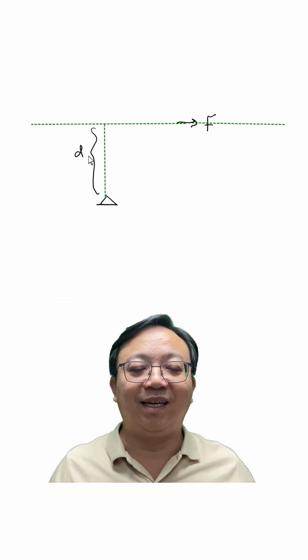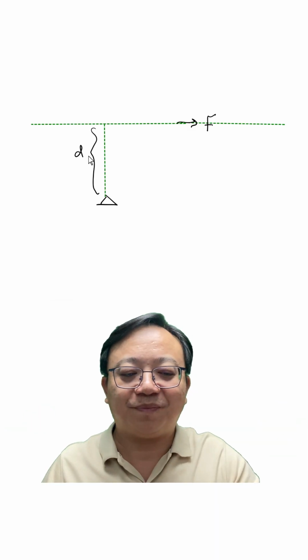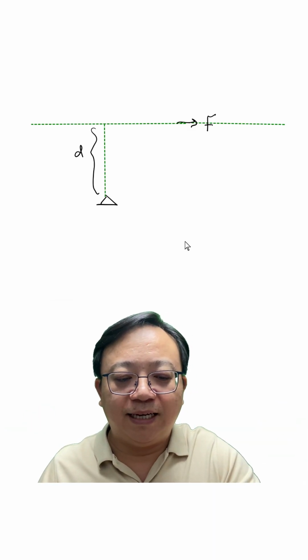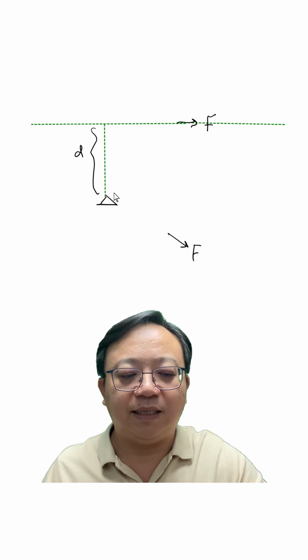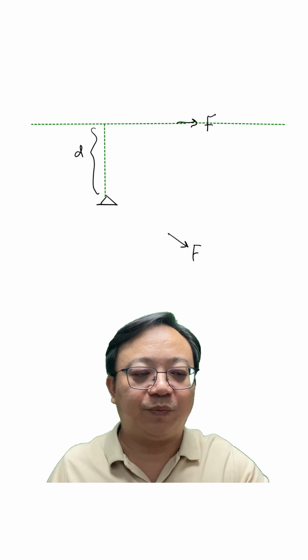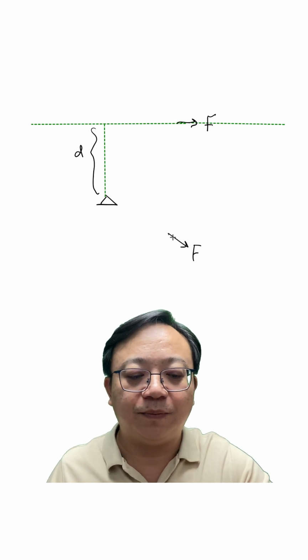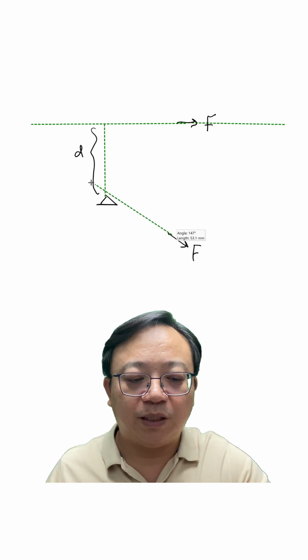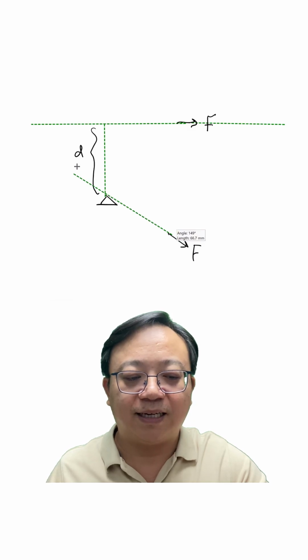All right? Let me ask you another one. What about if you have a force in this direction and this is the pivot? Where's the perpendicular distance? What you need to do? Just elongate the line of action. Can you see that?